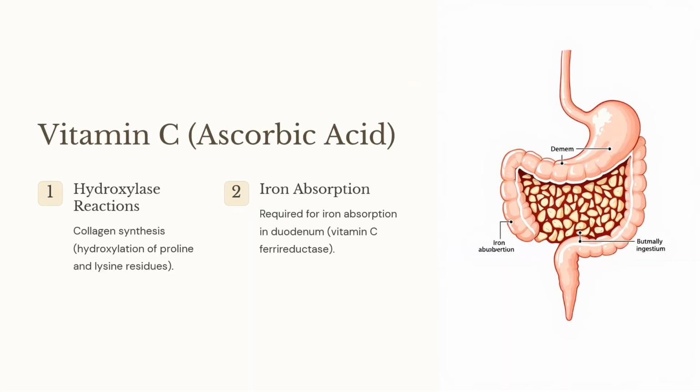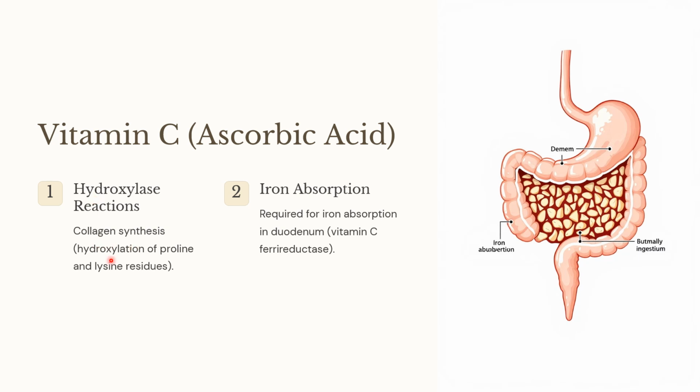Now we have finished our vitamin B complexes. We are now proceeding to vitamin C, that is ascorbic acid. I have a lecture on collagen synthesis where I taught about the cross-linking of the collagen fibers with each other.